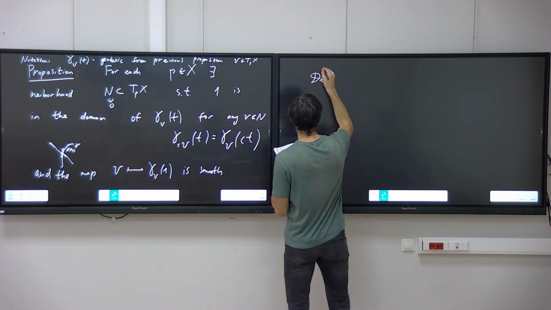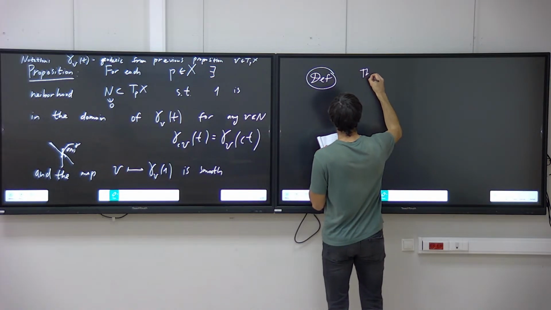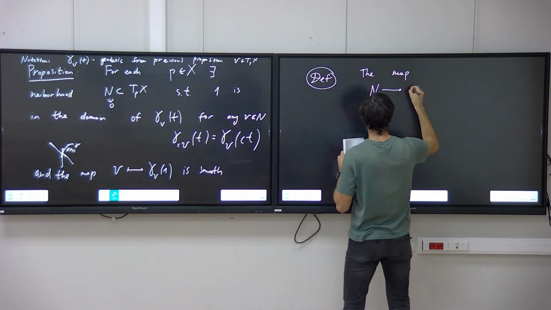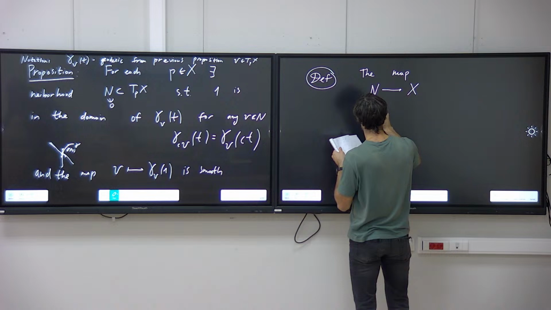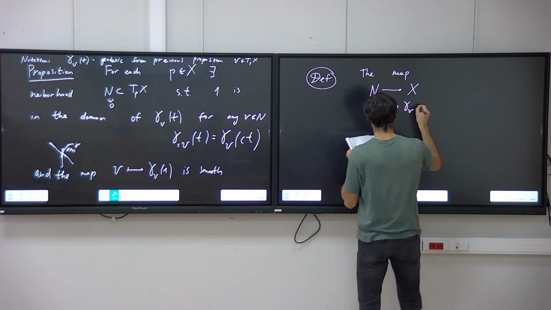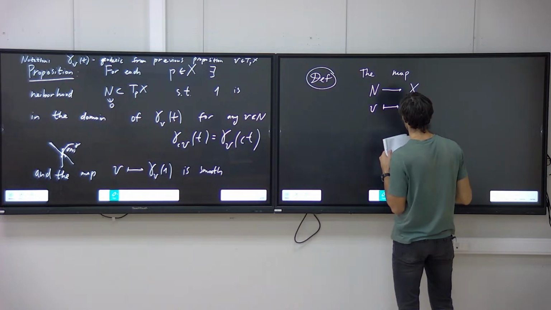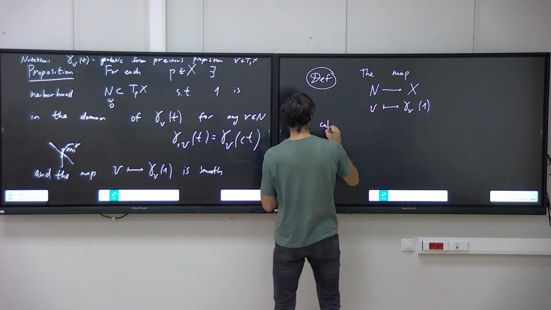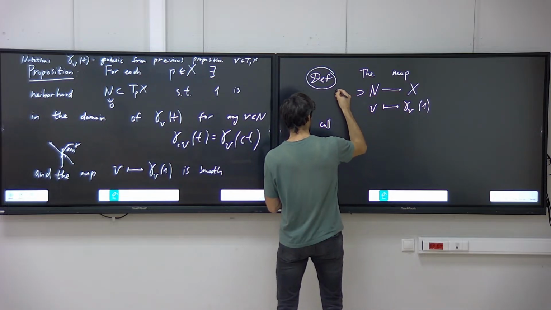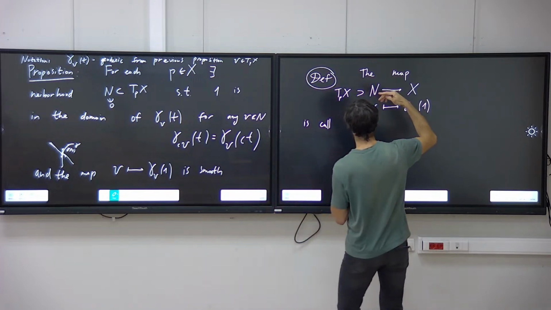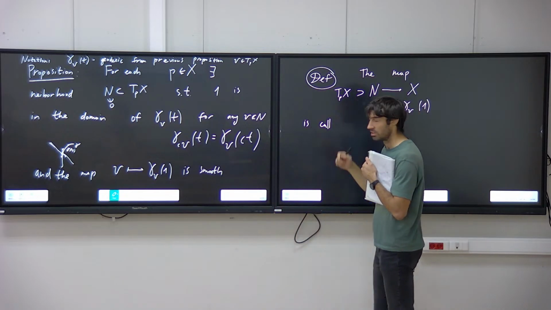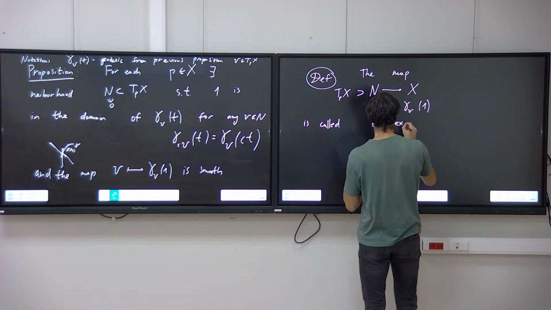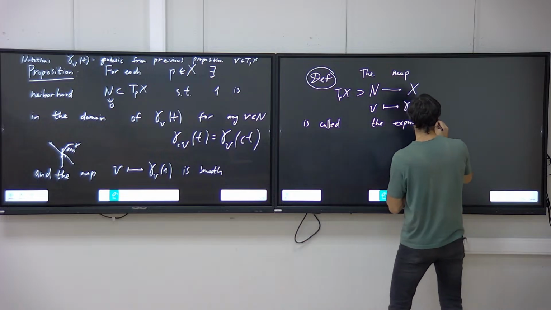So, definition: the map from N, a neighborhood inside T_pX, to X, which sends v to gamma_v(1), so from the tangent space to the manifold itself, is called the exponential map.